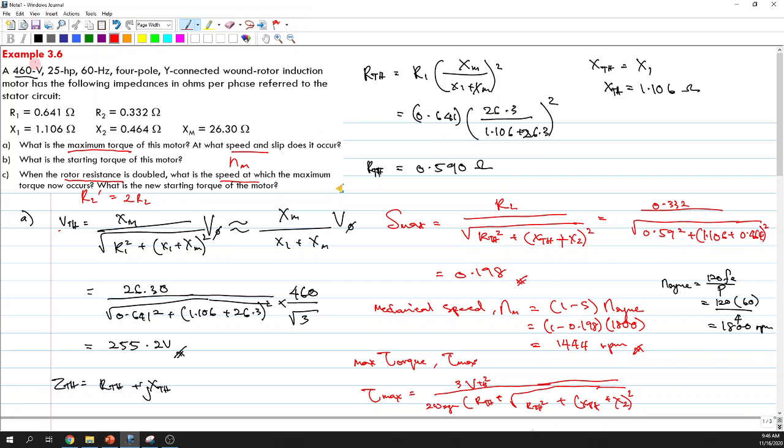So we already know the equation of S max. The value of S max is proportional to the R2. So when the R2 is doubled, of course the S max becomes also double. The value of S max before is actually 0.198. So the new one is times 2.